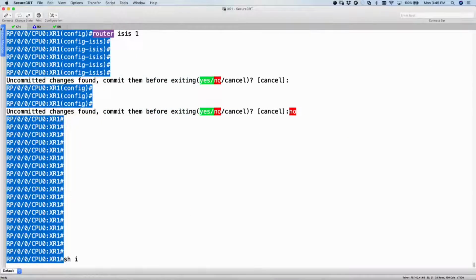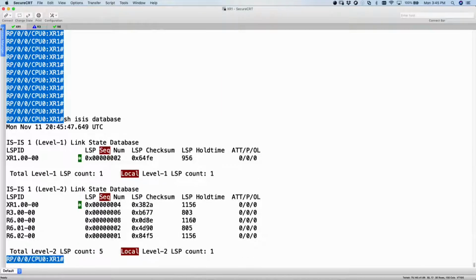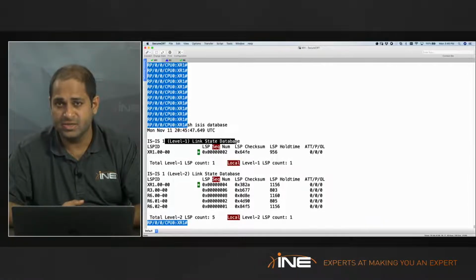So if I do a show ISIS database, you can see that I have level 1 and level 2 information. Because router XR1 has not been changed to level 2 only, he's still maintaining level 1. Otherwise, by default, if I change this to level 2, he would only maintain level 2. But because by default they are level 1, level 2 routers, he maintains both.